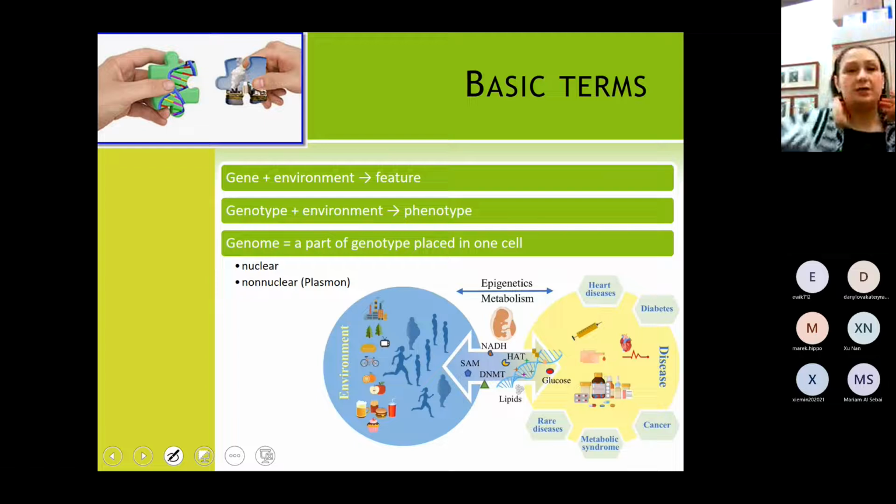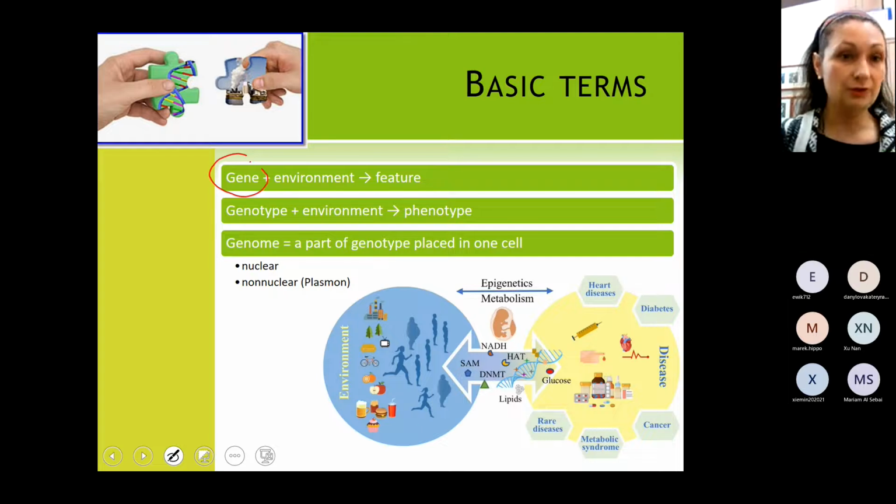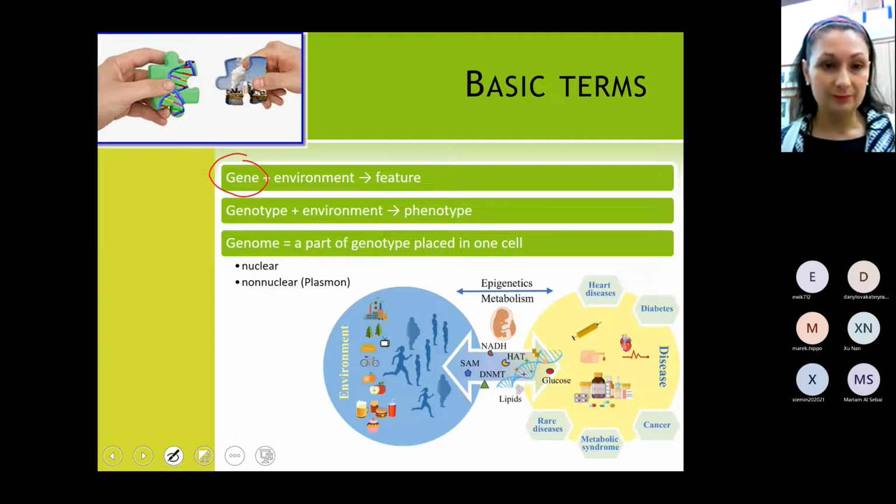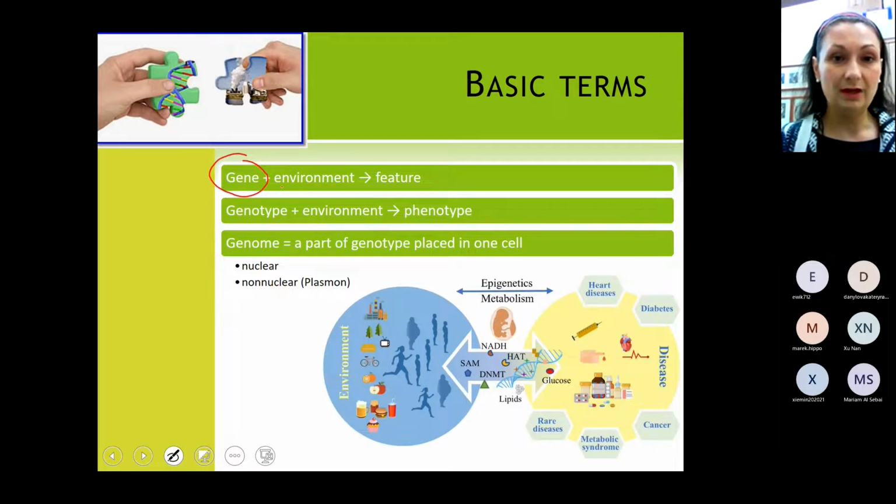So, for example, what is the difference between a feature and a gene? The gene is the recipe which we have. Then we are trying to cook it based on the recipe, and we are using the ingredients which are present in the environment. It's not only the environment, it's also the lifestyle.